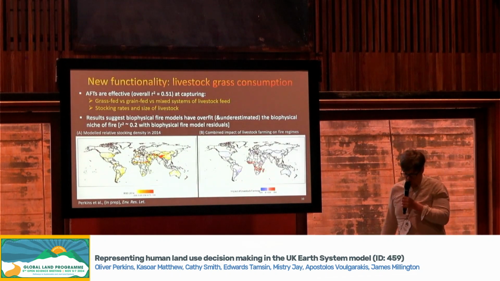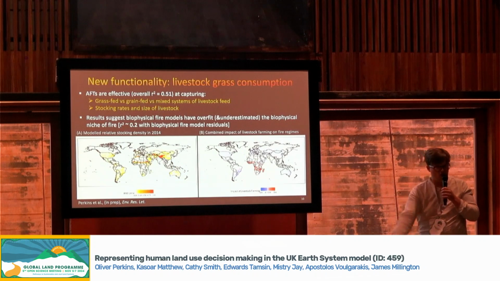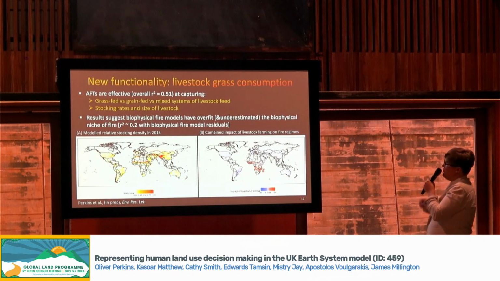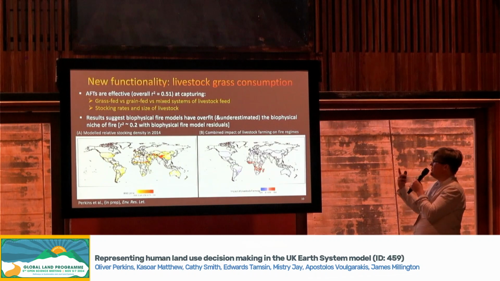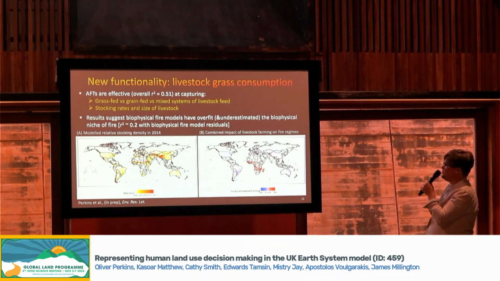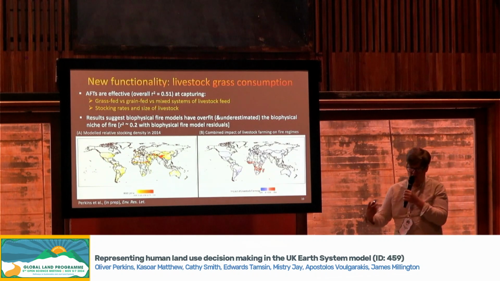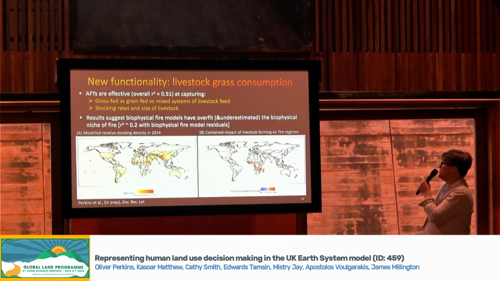Yeah, so something that we're now working on as we're trying to generalize this is incorporating livestock density and livestock fuel consumption. So basically, you can see on the bottom left how we've done this, and this is showing the proportion of the biomass that's consumed by livestock. This is again using our agent-based methods to simulate this from the bottom up.